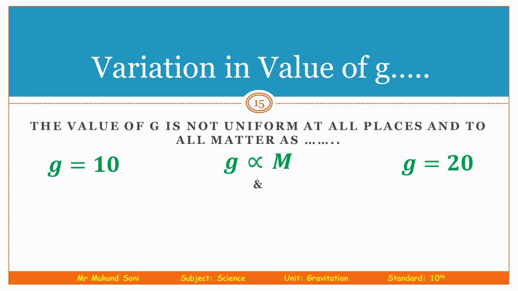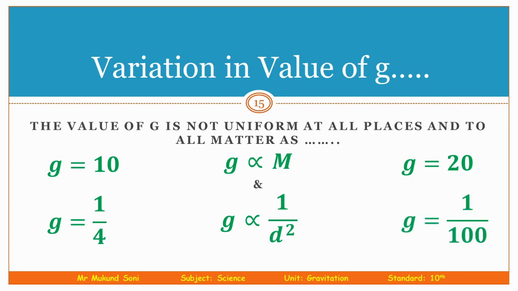Now we do know gravity is inversely proportional to the square of the distance between them. Now compare these two values, first one with 10 and 20, and tell me which value is the bigger one. Yes, of course, 20. And m stands in the numerator. So if the numerator is bigger, definitely the value of g is bigger. Now let's look at another example.